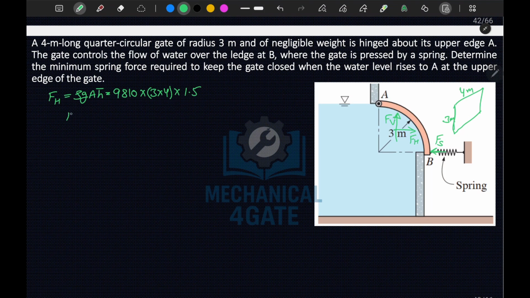So if we solve this, 12 into 1.5 into 9.81, this comes out to be 176.58 kilonewton.